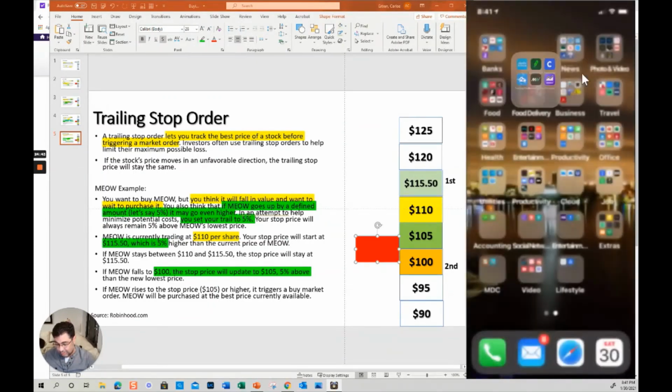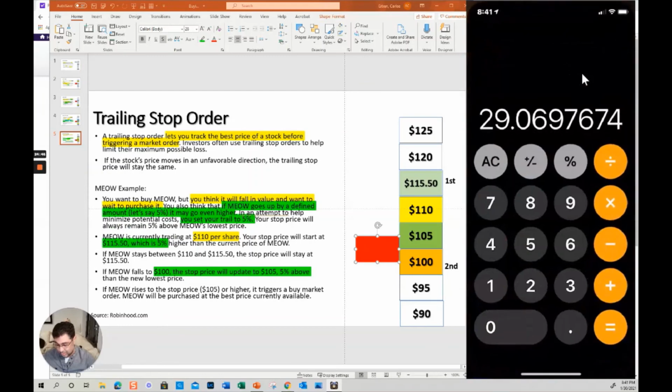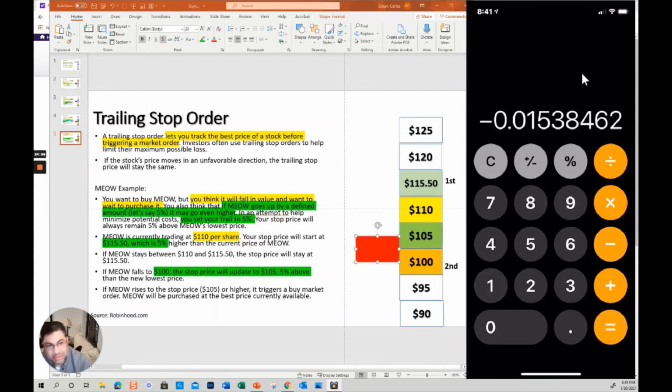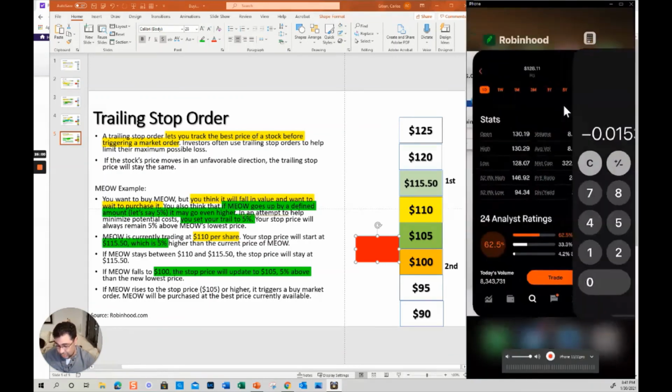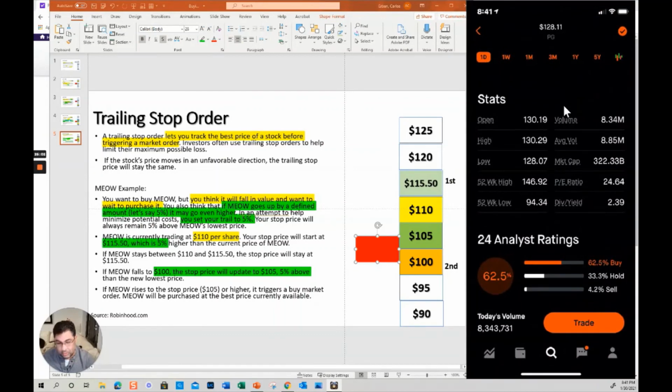If we look at our calculator, 128 divided by 130, this is between the high and the low, minus 1. The difference was 1.5%, so 5% is probably too much. So I'm gonna set the trigger at 2%. So when it goes 2% higher, then I think that it will keep going higher, right?